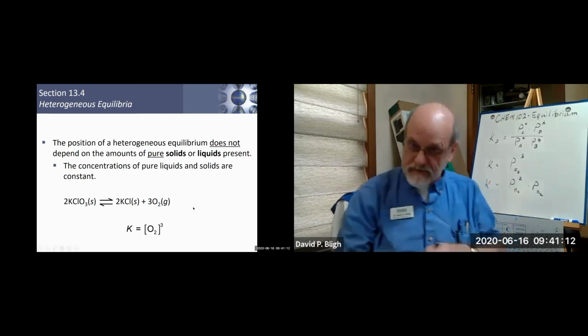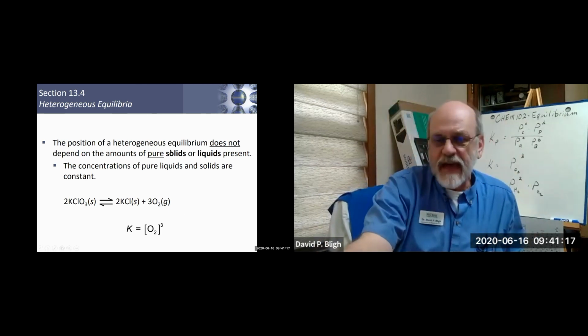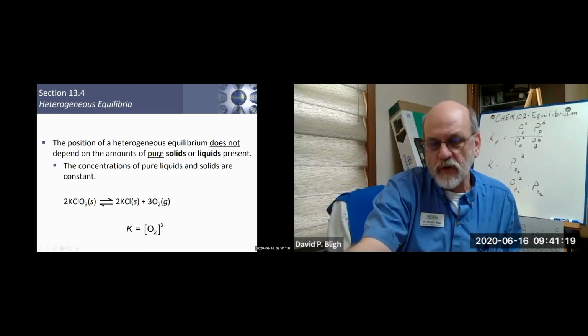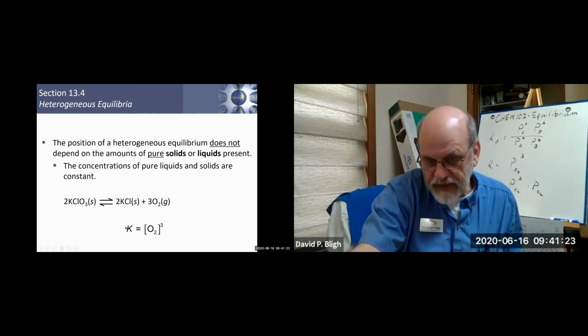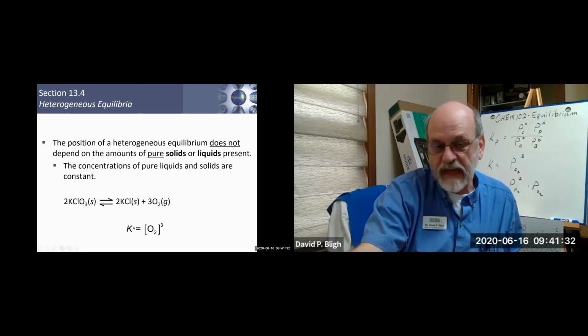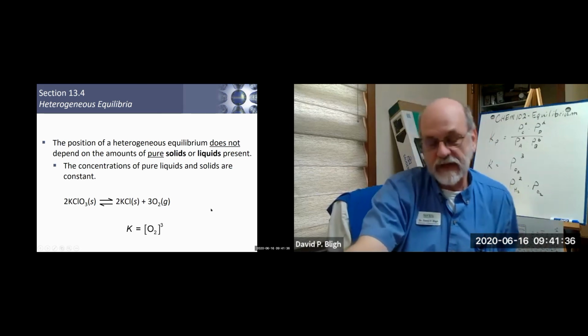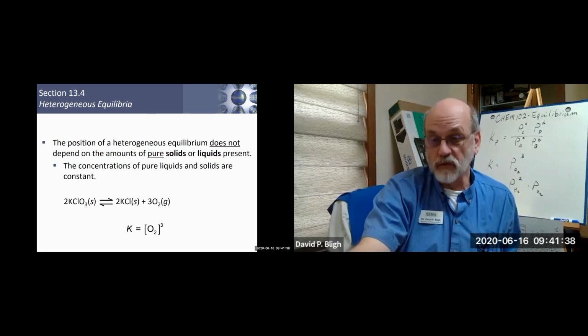If it helps your thought processes any, you could say that the contribution of the solid or the pure liquid is buried in the K. It's not part of the broken out expression. You just bury it in the K. Whatever way helps you understand, or just memorize the rule.